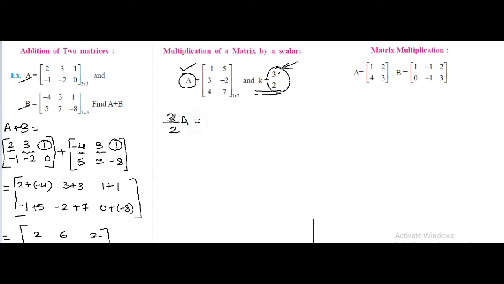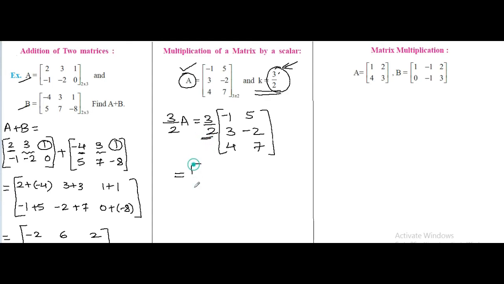So that gives us 3 by 2 A, and what is the matrix A? That is -1, 5, 3, -2, 4, 7. Now multiplying each element of the matrix by the scalar given to us, that is 3 by 2.